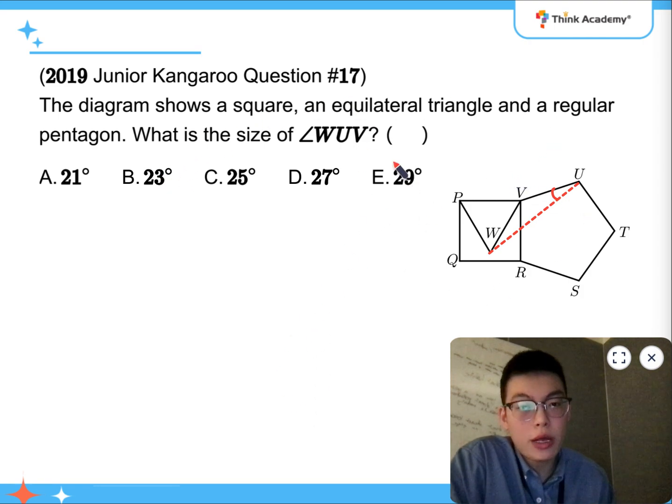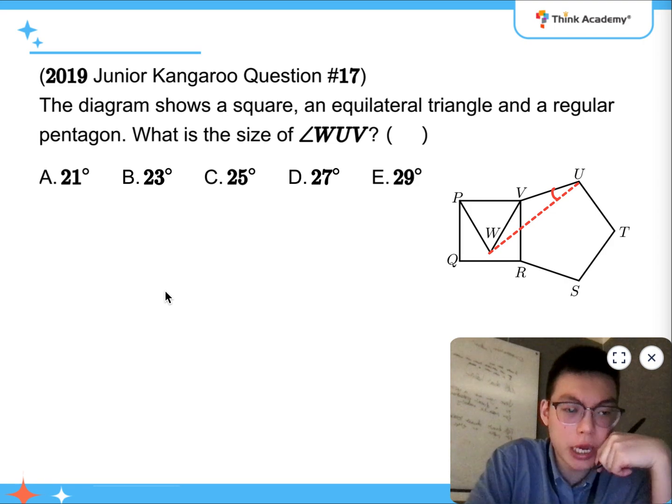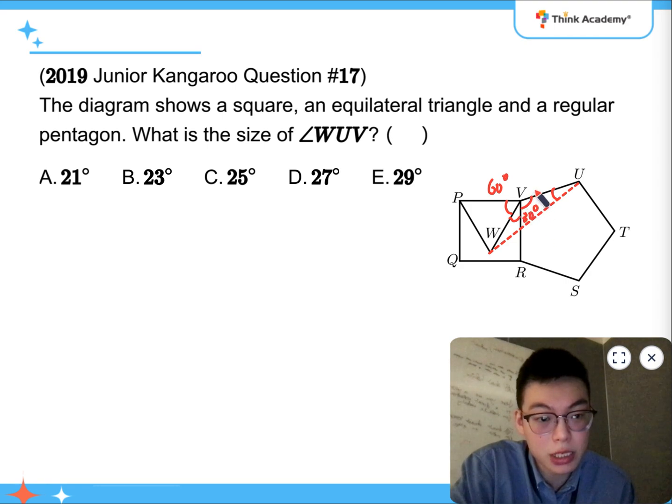So for a square, an equilateral triangle, and a regular pentagon, the common property is that all the angles are the same and all the sides are the same. Which means that this is going to be a 60-degree angle. This is going to be a 30-degree angle. And this is going to be a 108-degree angle.